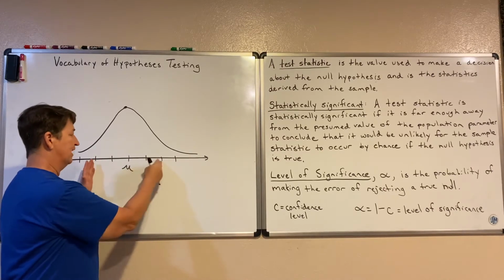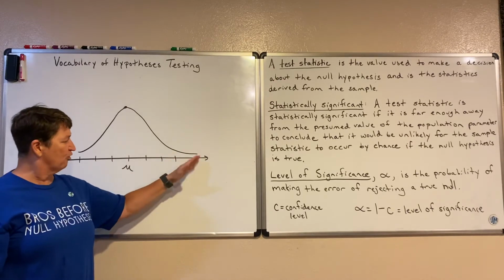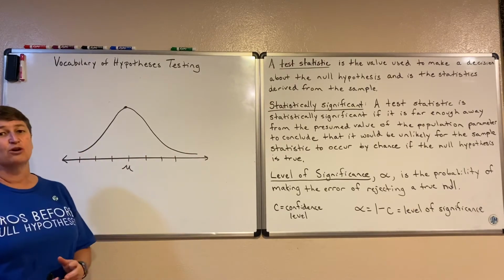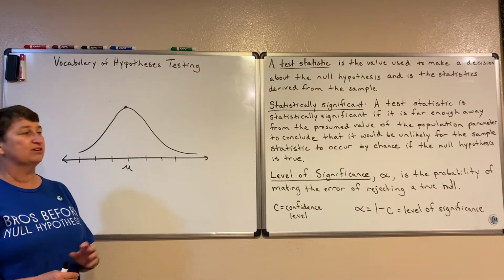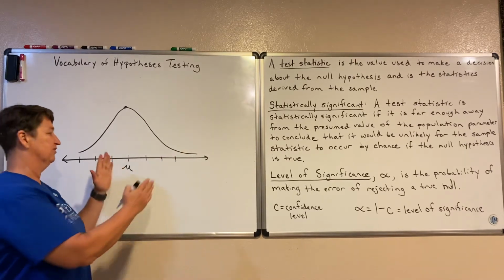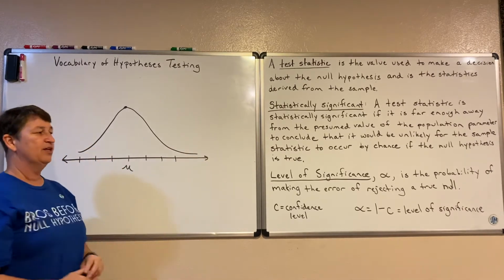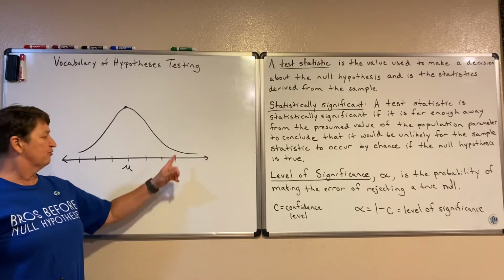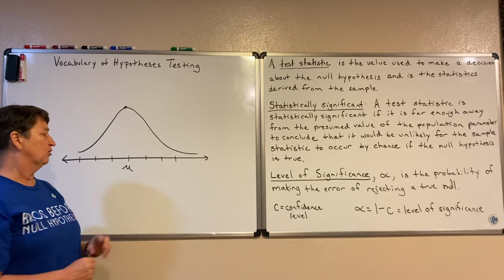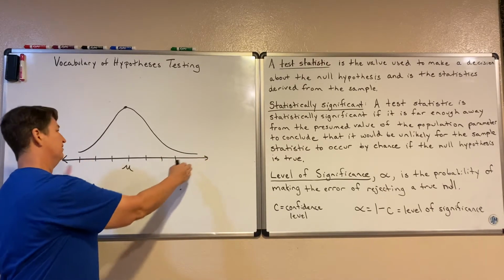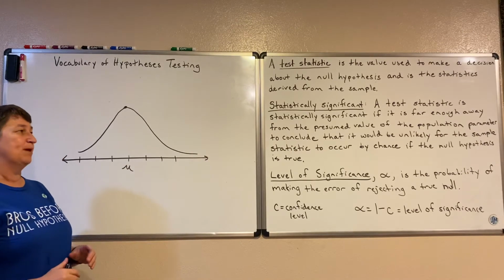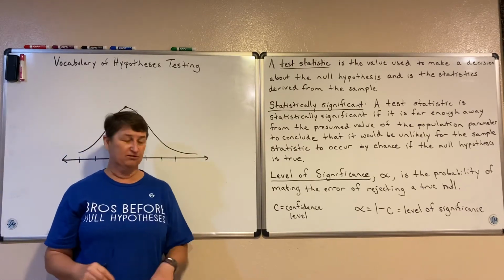So if it's further out than that 95% on either end, then I start going, maybe that's big enough for me to say it's statistically significant. It's far enough out there that it would be unlikely for me to get that statistic. Or, out 3 standard deviations, maybe I'm using that as my confidence level.